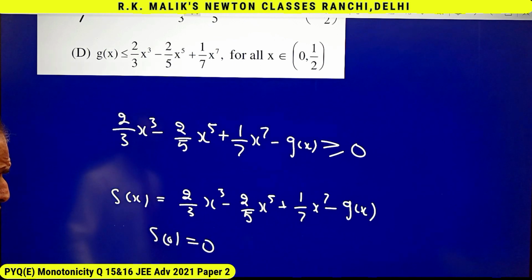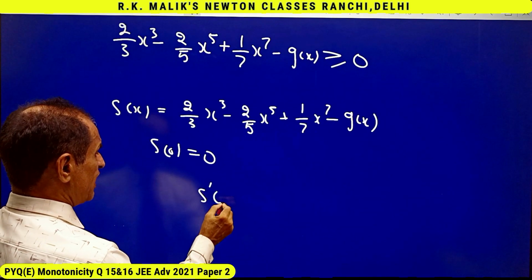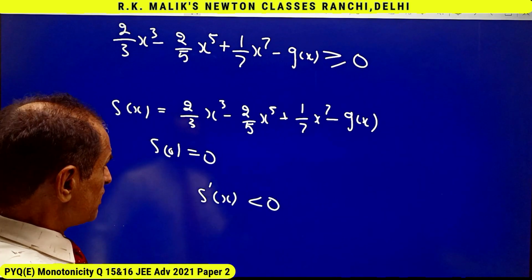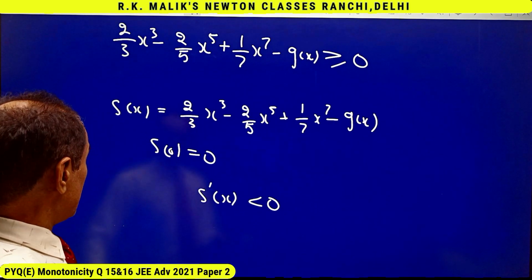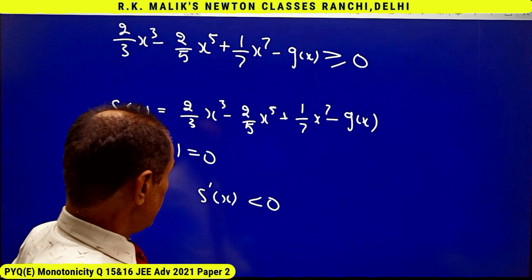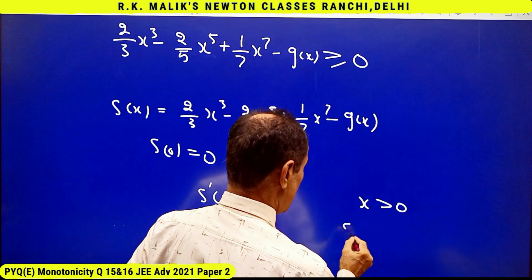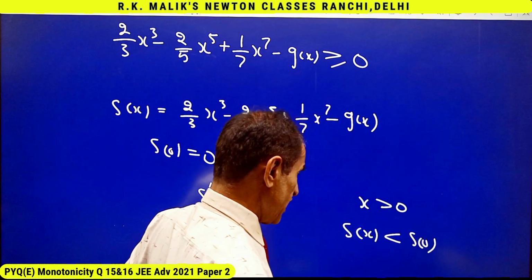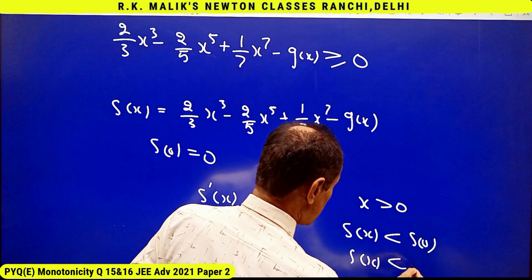It is clear that s0 is equal to 0. If I find that s dash x is less than 0, it will mean that sx is a decreasing function. And if sx is decreasing, it will mean that for x greater than 0, sx will be less than s0. That is, sx will be less than 0.